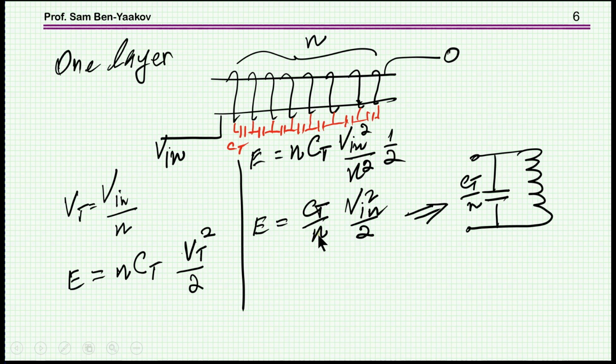So it's CT over N. This is not surprising considering the fact that we have here N capacitors in series, so the total capacitance is this capacitance over N. But this is for one layer.